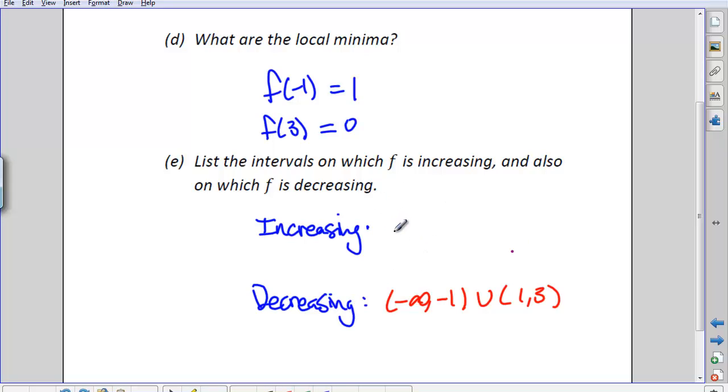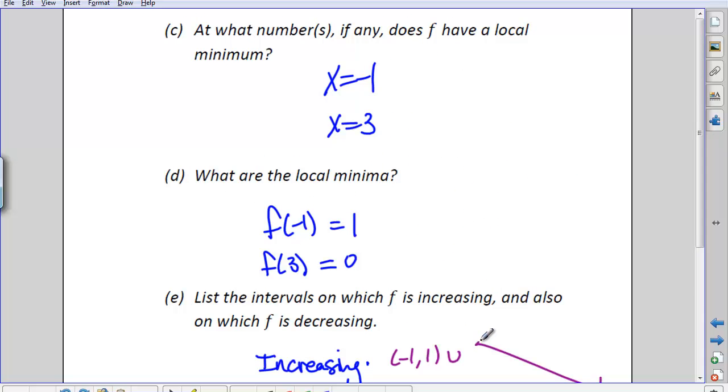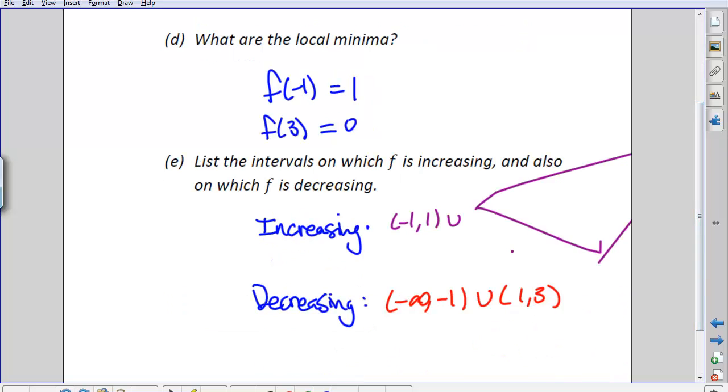So increasing on -1 to 1, and 3 to infinity.